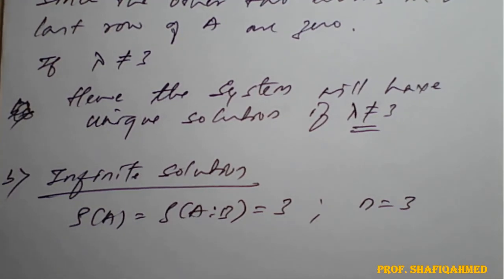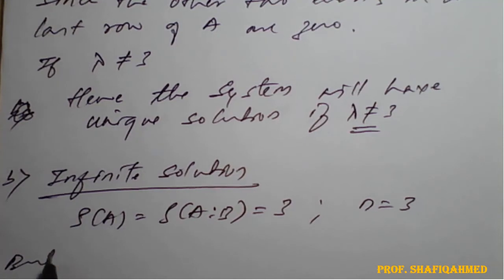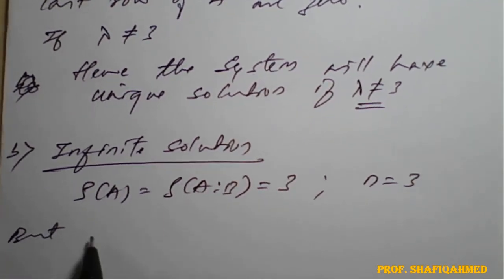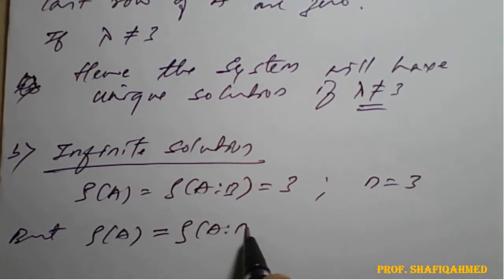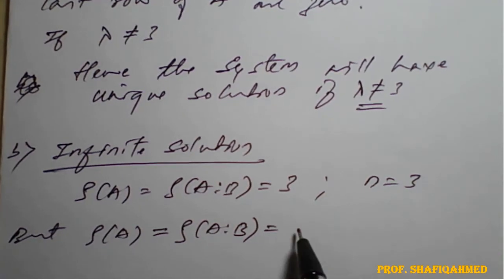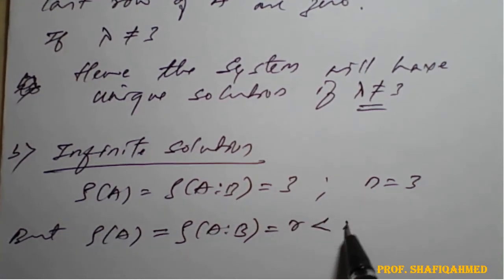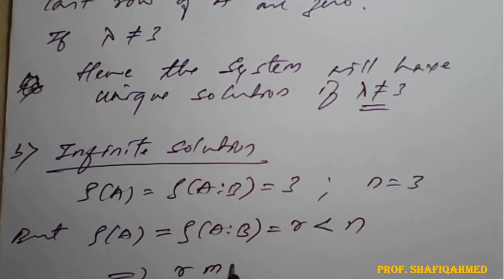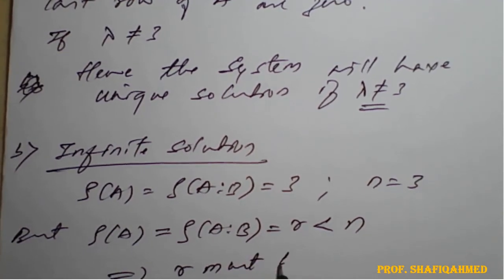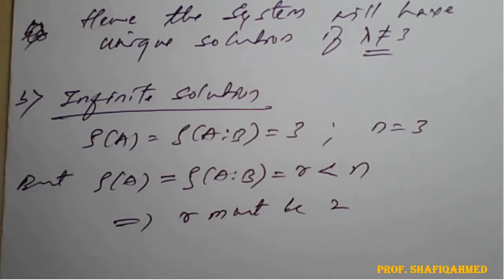But to get an infinite solution, the rank R should be less than n. If it is less than n, then only can we say it is infinite. So R must be 2.